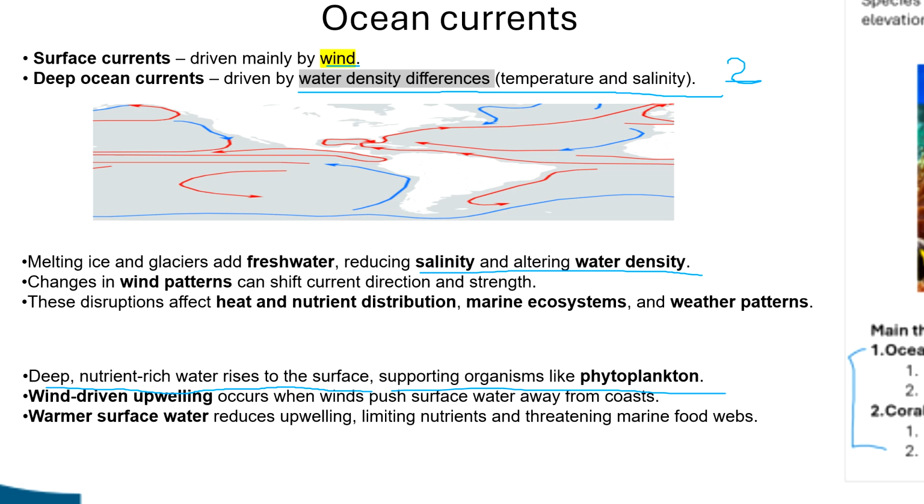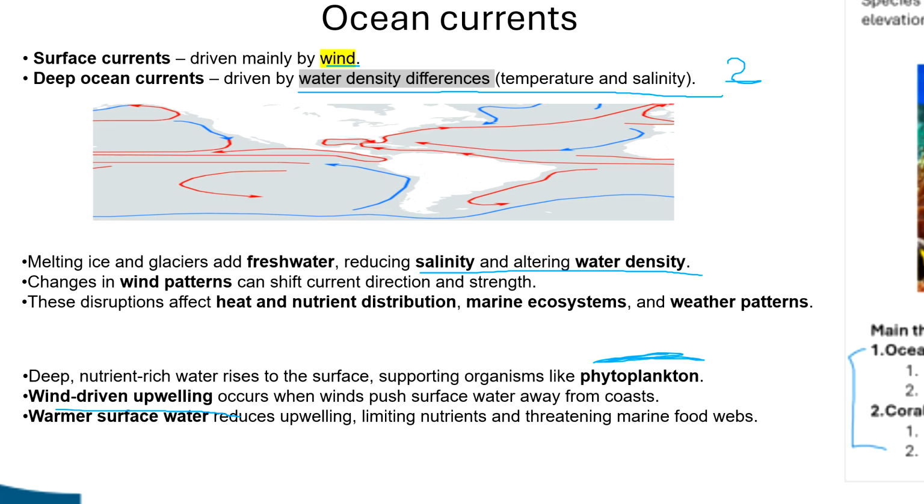Now, wind-driven upwelling occurs when wind pushes the surface water away from coasts. This upwelling, again, gives the phytoplankton the nutrients they need.